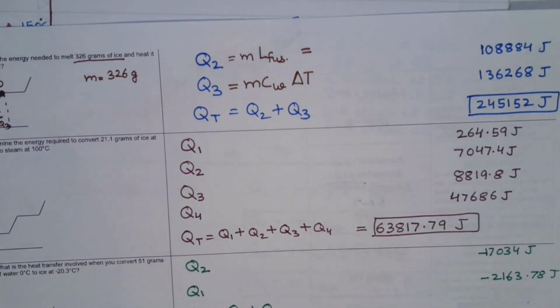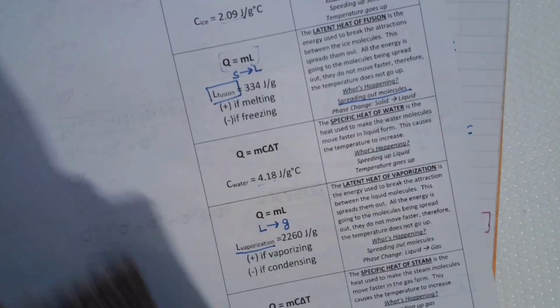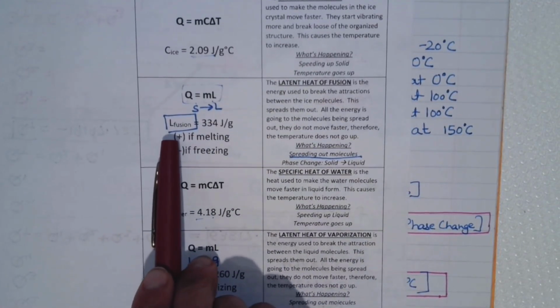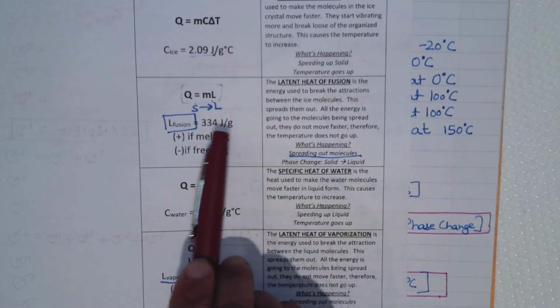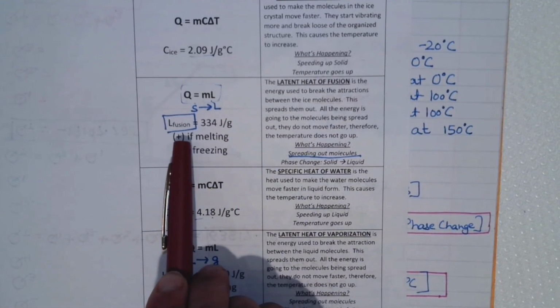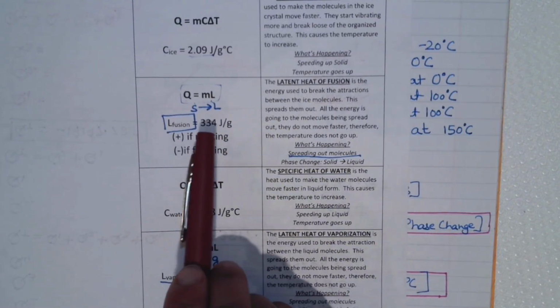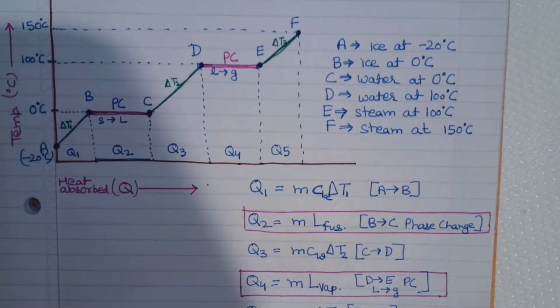So now look at the chart that is given to you. Latent heat of fusion of ice is 334. Since heating is endothermic, L will have a positive sign. When we are cooling, then it's exothermic, heat is given out, and L should be taken as negative.